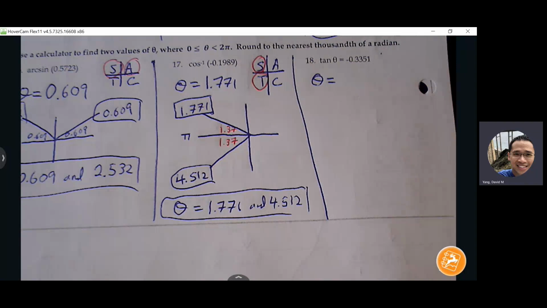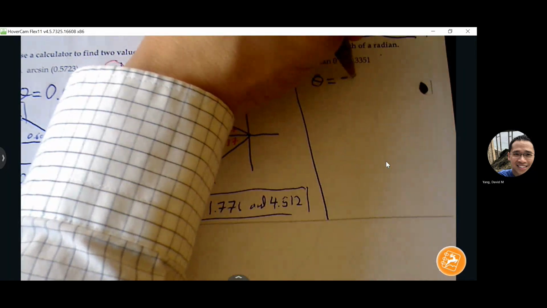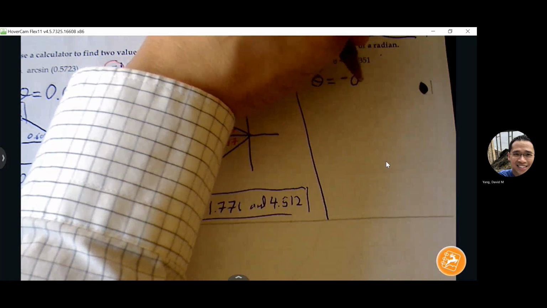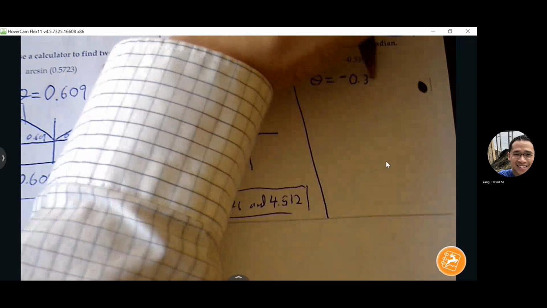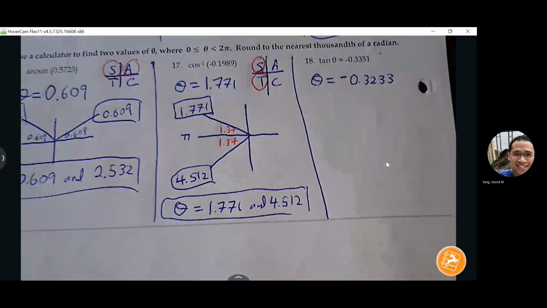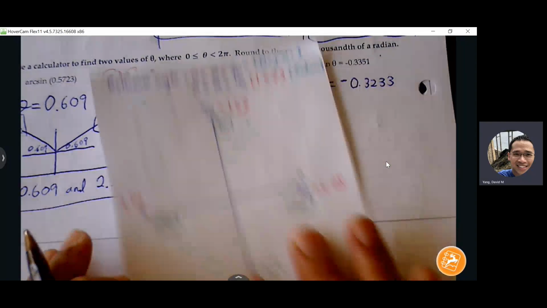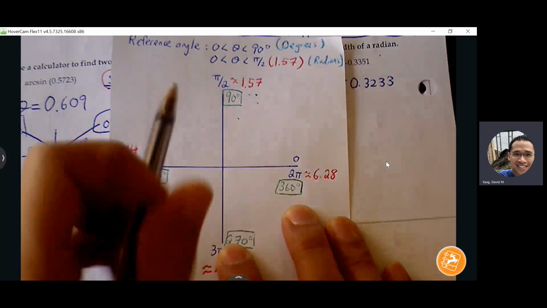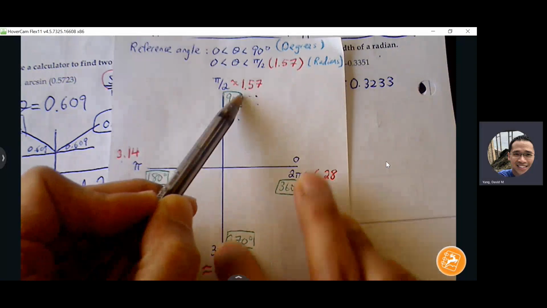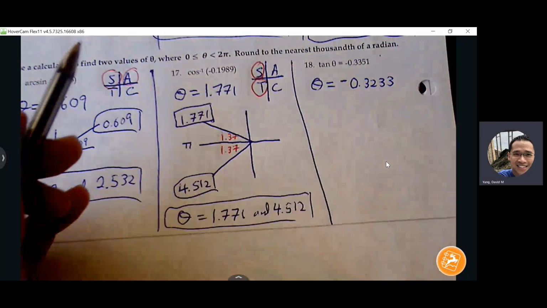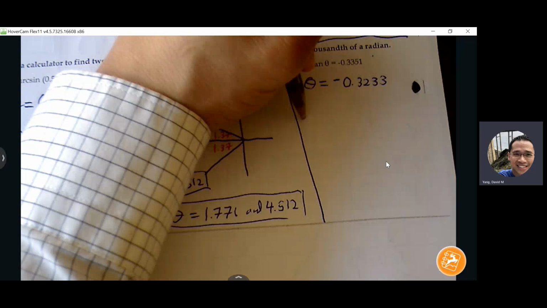Okay, theta equals negative something, right? Okay, ignore the negative, just focus on the positive. Is 0.3233 a reference angle for us? Yes, right, it's less than 1.57, so just focus on that 0.3233.